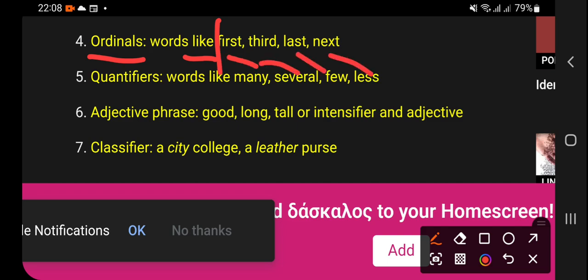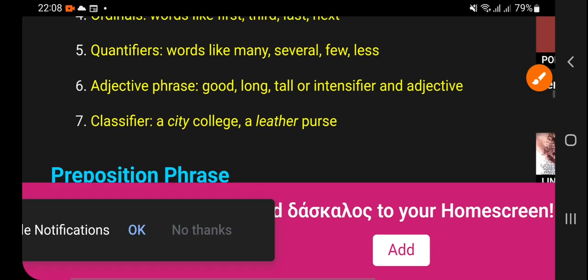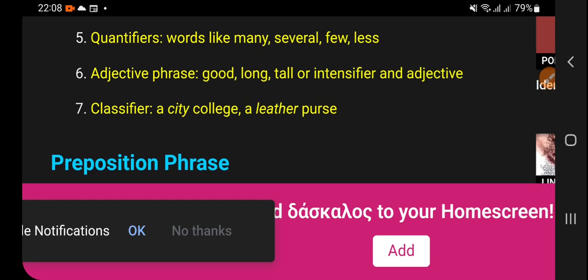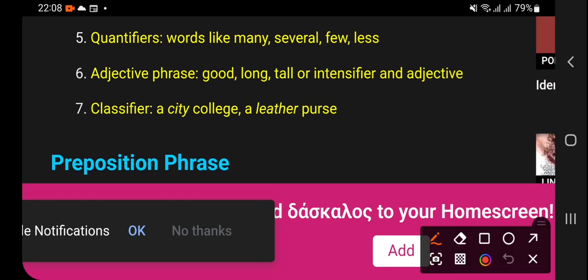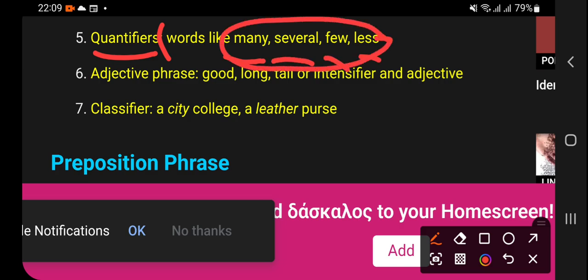These are the ordinals. Then quantifiers, as the name suggests, show the quantity. Again, I'm reminding you: quantifiers are many, several, few, words which show the quantity. These may be part of a noun phrase.